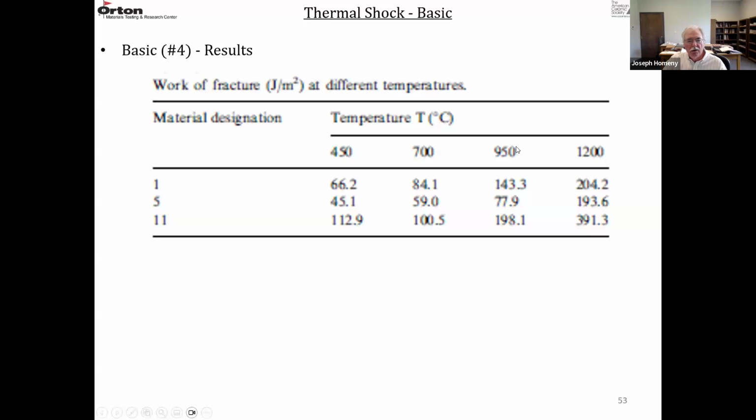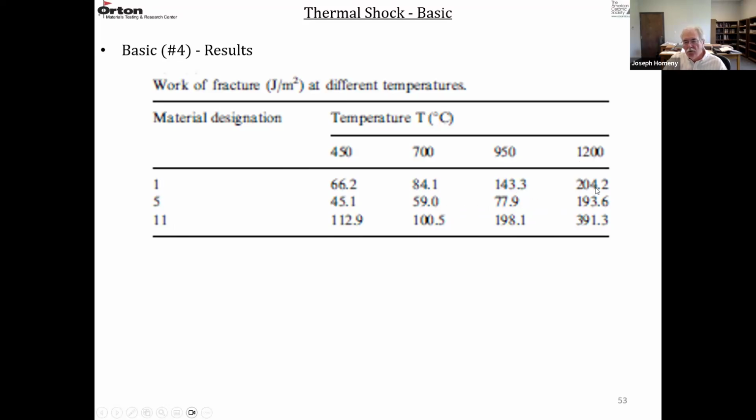So for most materials, they measure the work of fracture at 950 degrees C. But for these three, 1, 5, and 11, they measured it as a function of temperature, 450, 700, 950, and 1200 degrees C. And you can see what's happening in any of these materials. As you increase the temperature, the work of fracture goes up, and it's substantial. This is 66 here.